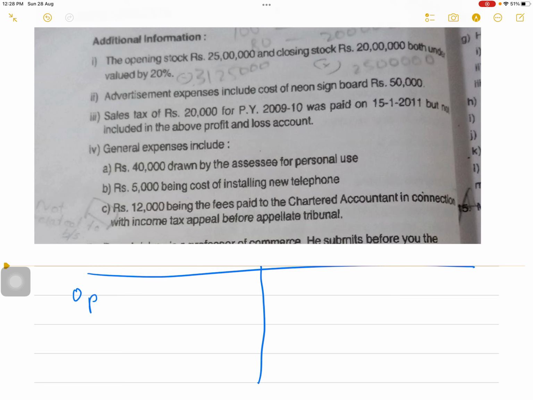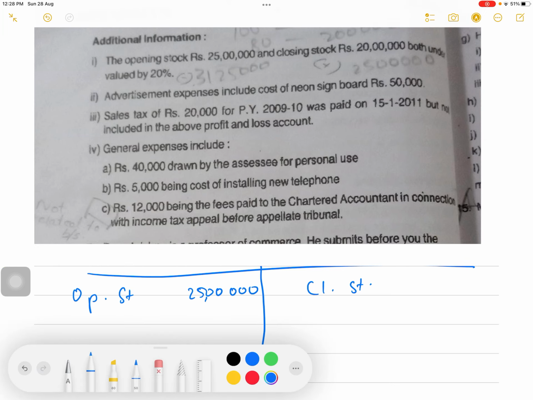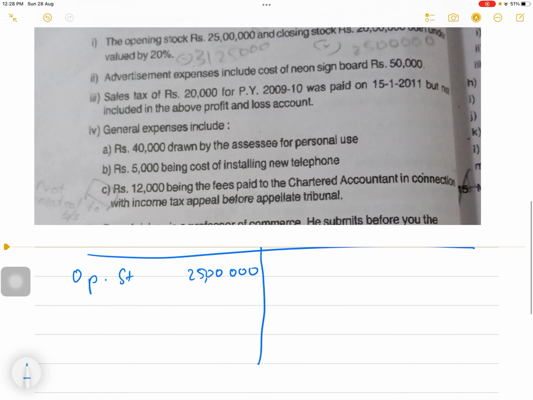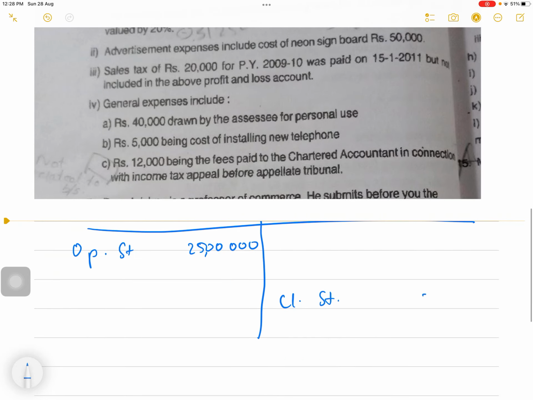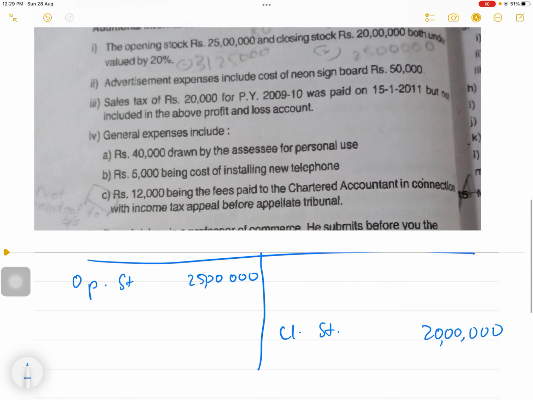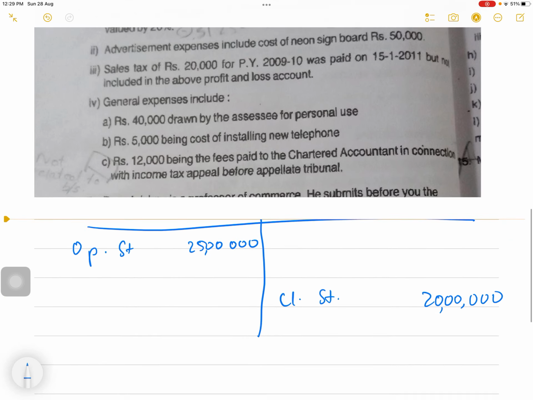Opening stock is written here, 25 lakhs, and closing stock is written on this side. Suppose 20 lakh. It's given 20 lakh. Okay, and both are undervalued by 20%.